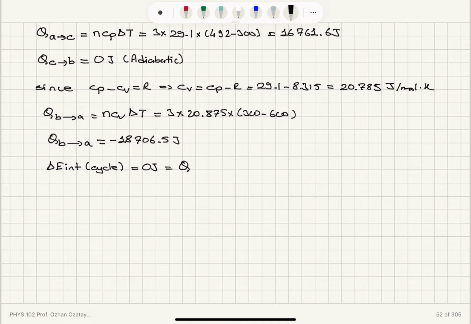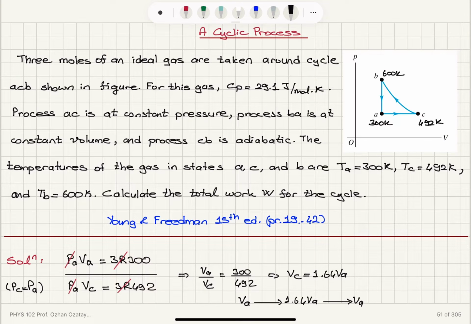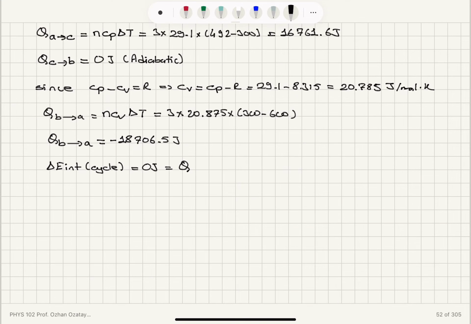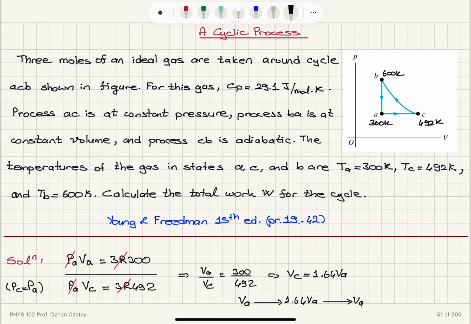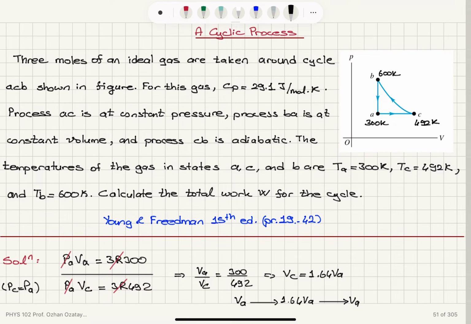Therefore, heat added from point A to C, C to B, and B to A, back to A, will be 16,761.6 minus 18,706.5 plus the work done for this process starting from A, C, B, A.